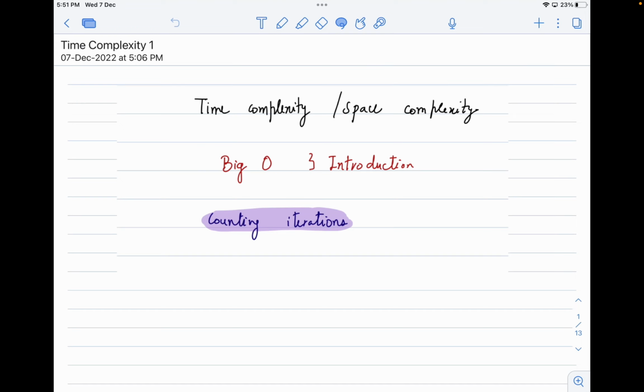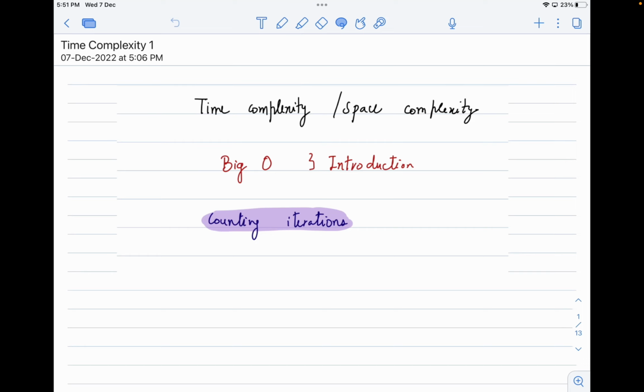Before starting this, I just want to tell you what is time complexity and space complexity. You have a machine and you have space, and in that machine you have written code, your algorithm. Now your algorithm is taking extra space or extra time to execute the code.